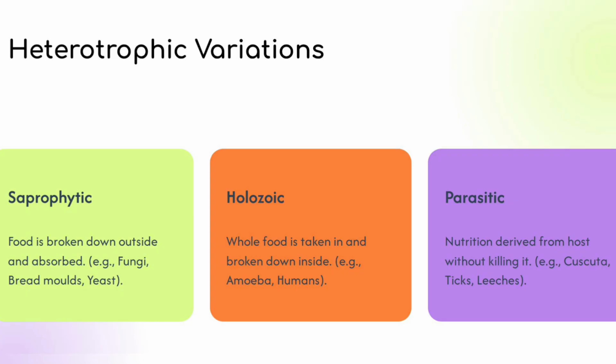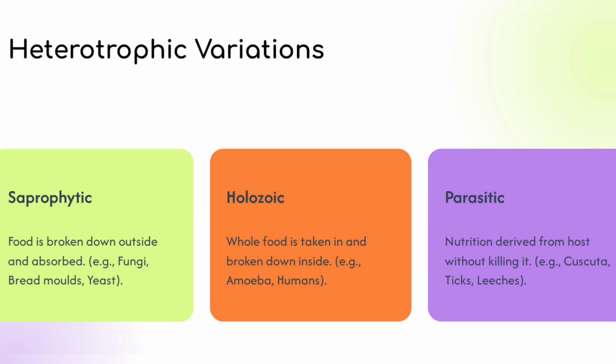Next we will study holozoic nutrition. In this type, the organism takes in the whole food particle inside the body and then digests it. Examples of holozoic nutrition are amoeba and human beings.